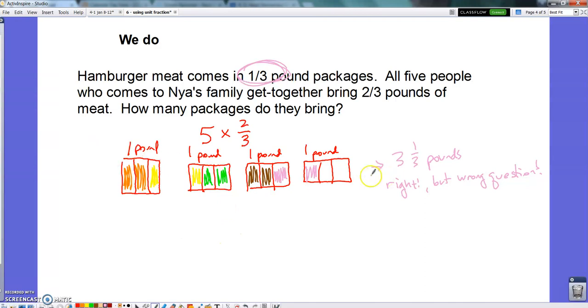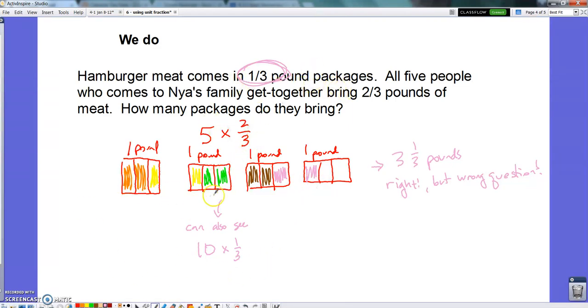And when I look at that question, I can see clearly that that's 5 times 2/3. 1, 2, 3, 4, 5 groups of 2/3. But I can also look at that, and you can also see 1, 2, 3, 4, 5, 6, 7, 8, 9, 10 different 1/3 pound packages. 1/3 sections.